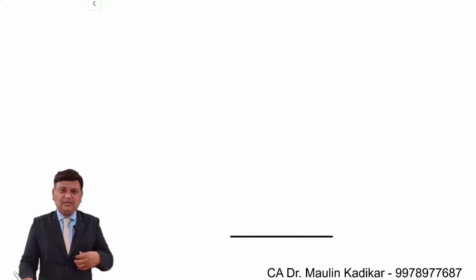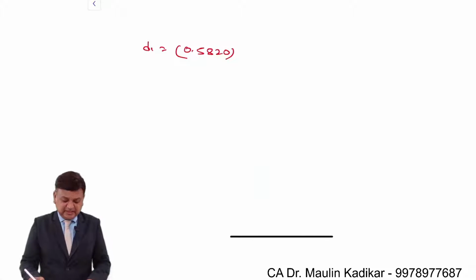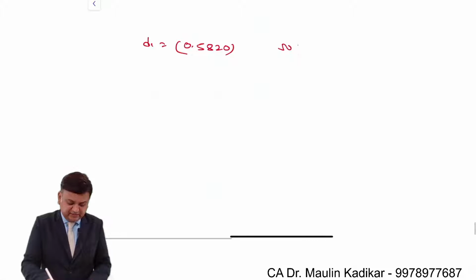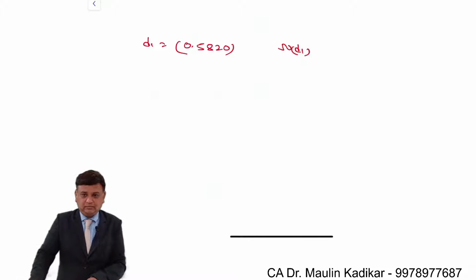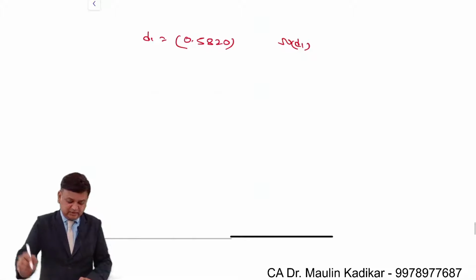Before I proceed further, just for time pass, suppose the D1 value which we have calculated, 0.5820, would have been negative. Then in that case, what must be the ND1 value? Can you just tell me? Friends, over here, in this case, what will happen?